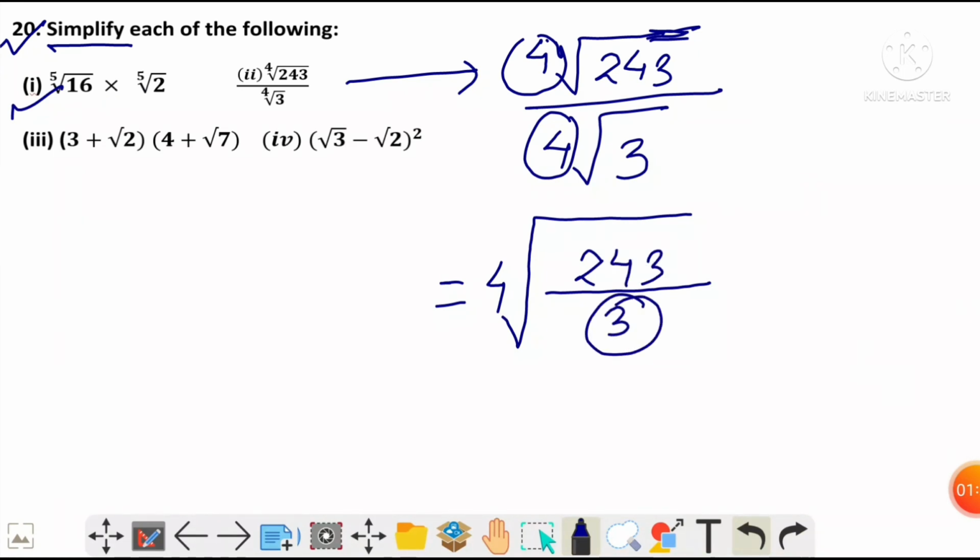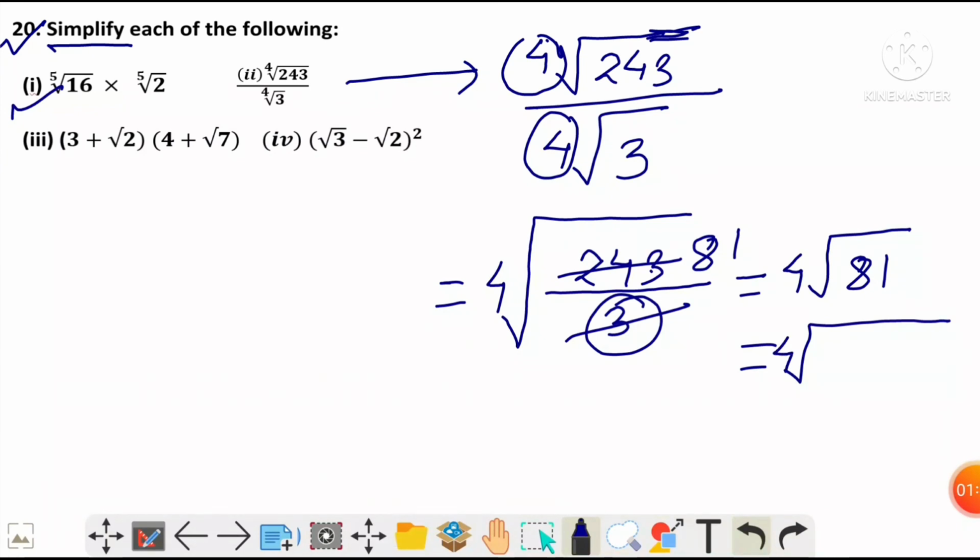So divided by 3 we'll get 3 8s are 24, 3 1s are 3. So we'll get fourth root of 81. So we can write 81 as 3 3s are 9, 9 3s are 27, 27 into 3 is 81. So here we got 4 3s and it will come outside the root, and it is your answer.